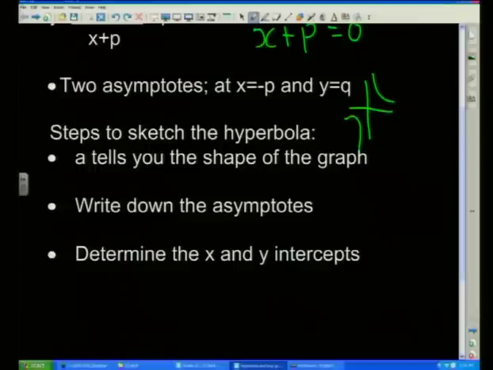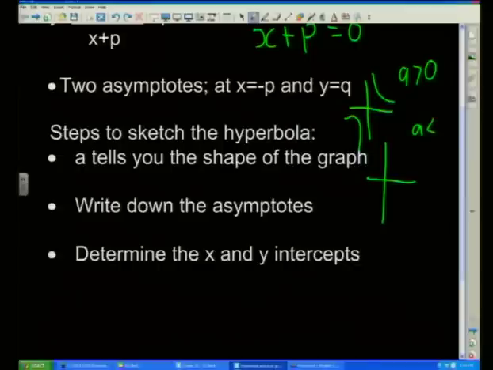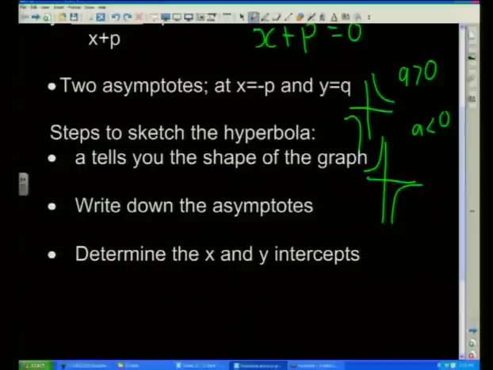But if a is negative, you have a graph that looks like that. So those are the different types of shapes you're looking at when it comes to your hyperbola.